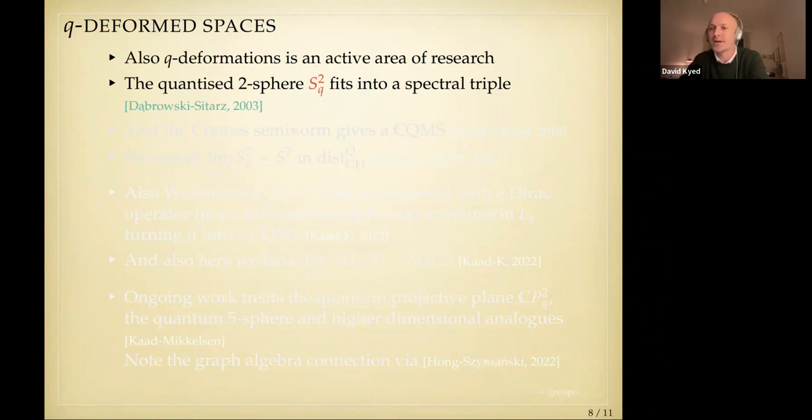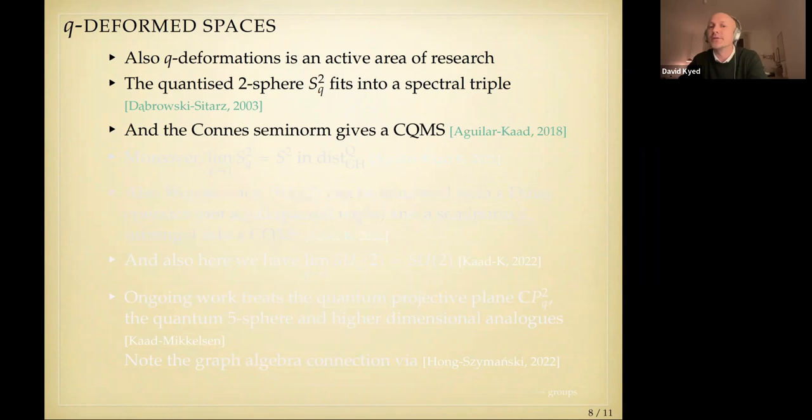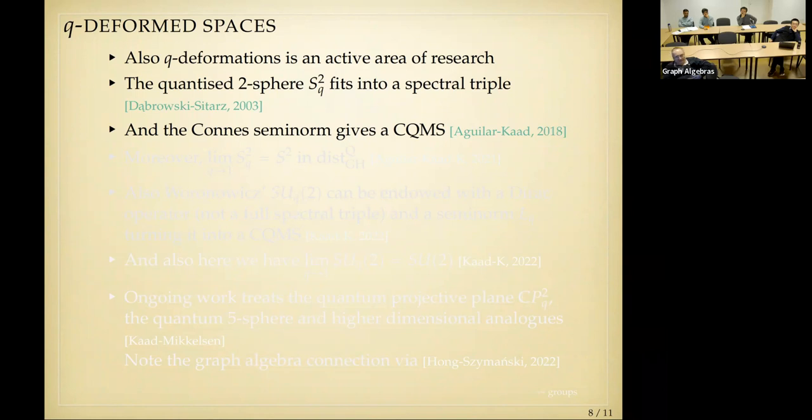This was done by Dąbrowski and Sitarz almost 20 years ago by now. And this spectral triple does indeed give you a compact quantum metric structure. This is a more recent result by Konrad Aguilar and Jens Kaad. So you now are in the framework where you can start asking all sorts of continuity questions.